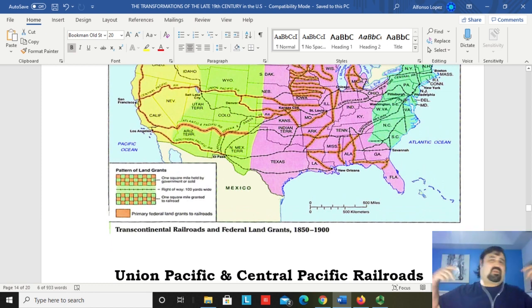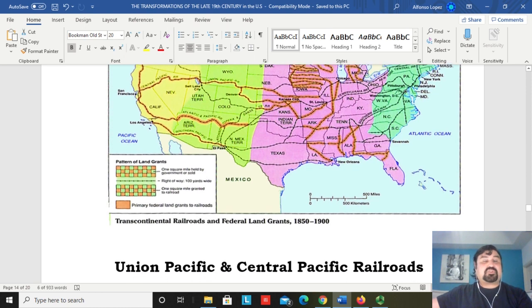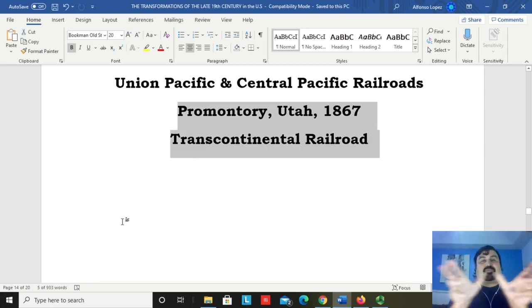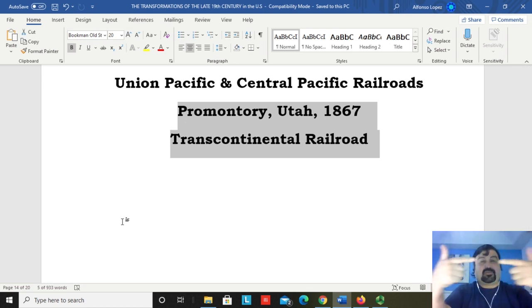This is not to say that those railroads are going to be built in a few years, but railroad construction was extremely accelerated, in that in 1867, the Union Pacific and the Central Pacific actually completed the very first transcontinental railroad, when both of those railroad companies met their rail lines in Promontory, Utah.